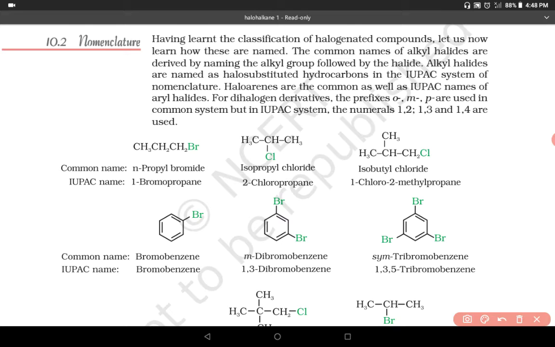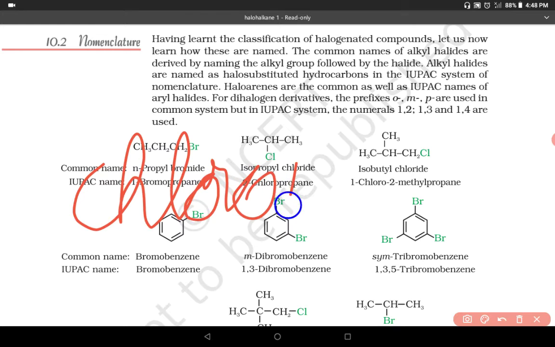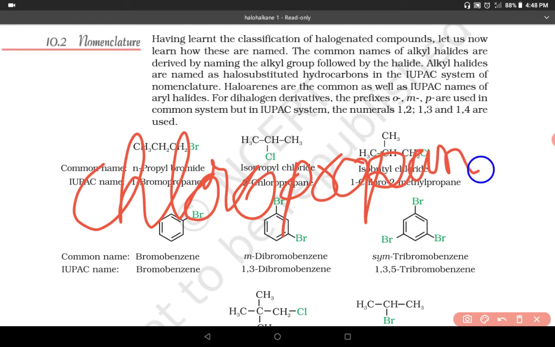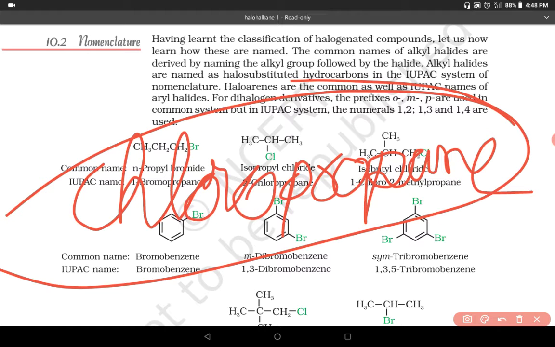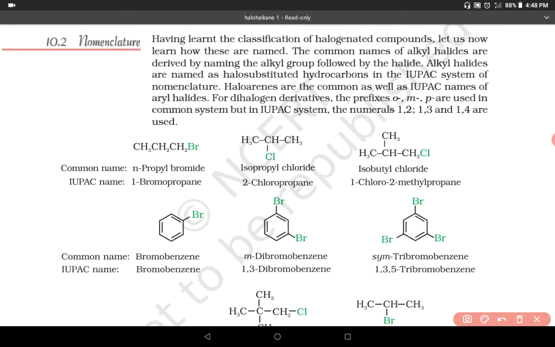Alkyl halides are named as halo-substituted hydrocarbons in the IUPAC system of nomenclature. So in the IUPAC system we call it chloropropane. There is no double bond, so it is called chloropropane. Haloarenes is both the common as well as the IUPAC name of aryl halides.